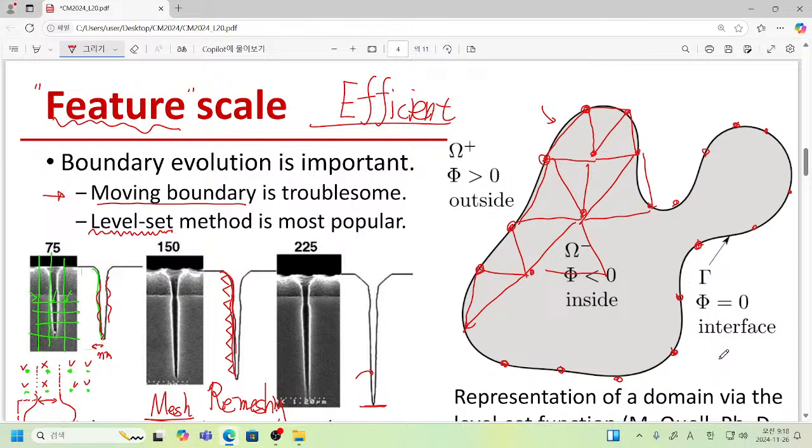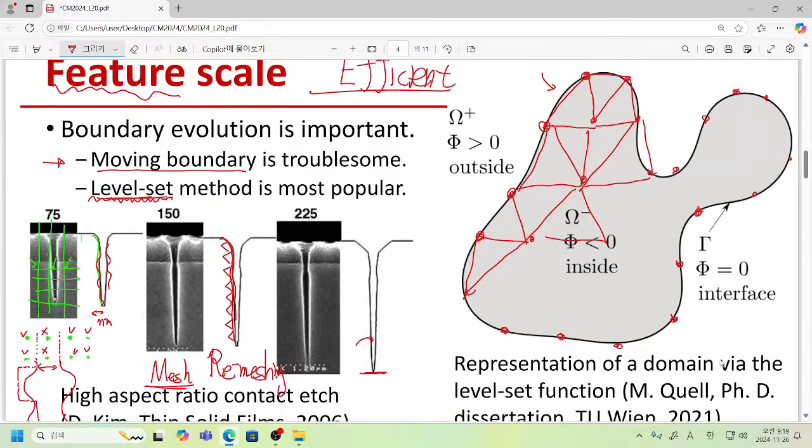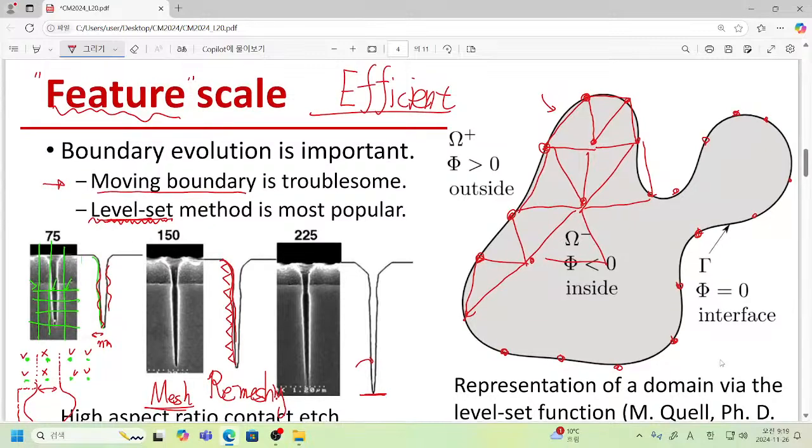But in the case of the level set method, we don't want the exact points corresponding to the boundary. Instead, we introduce a certain function called the level set function, and when this function becomes 0, that point is defined as a boundary point.